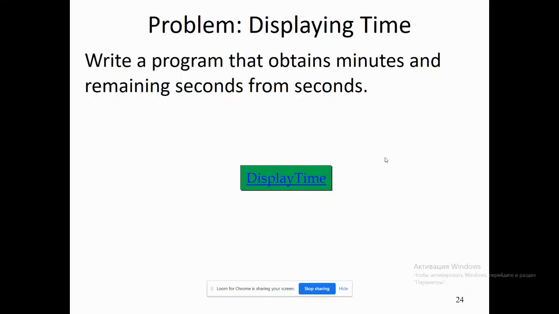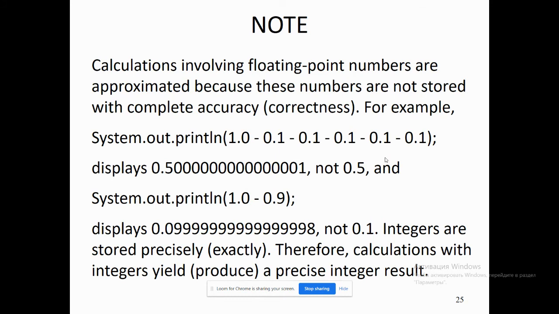Where is our demonstration? Here. Calculations involving floating point numbers are approximate because these numbers are not stored with complete accuracy. For example, if we subtract 0.1 from 1.0 five times, it will not equal 0.5, but this number.